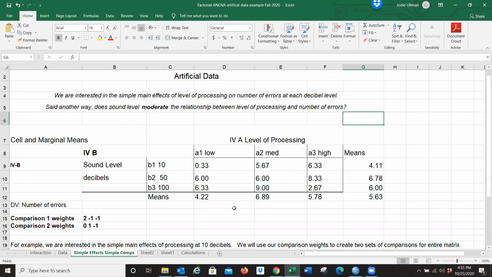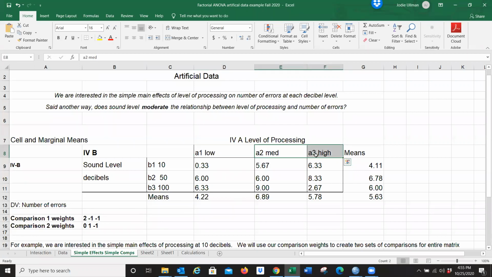To set this up in SPSS, and there are a number of ways, I'm just showing you one way, we're going to do it so that we get both simple main effects and we also get comparisons done at the same time. So here are the weights for our first comparison, and we're going to compare low versus medium and high combined.